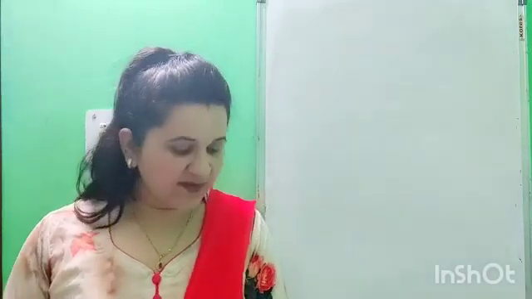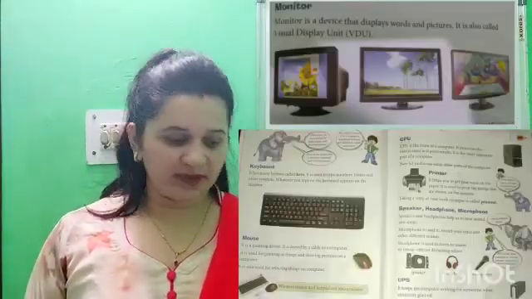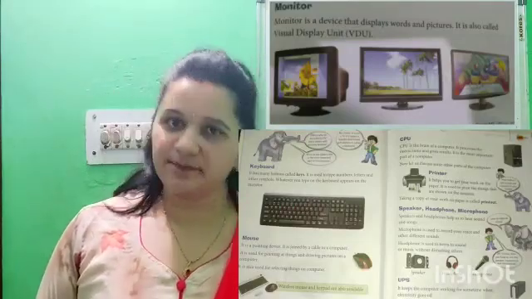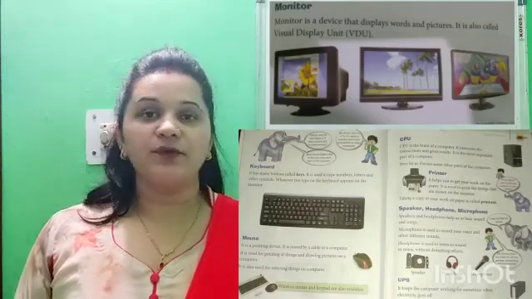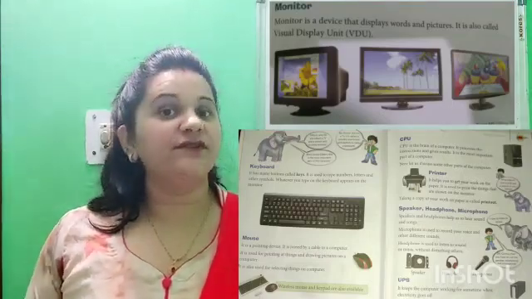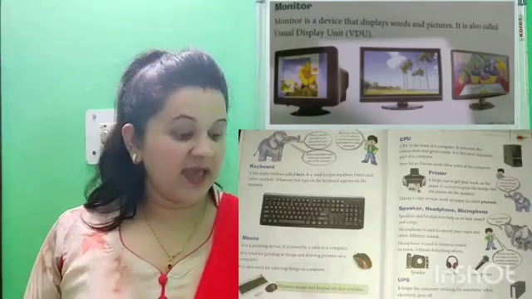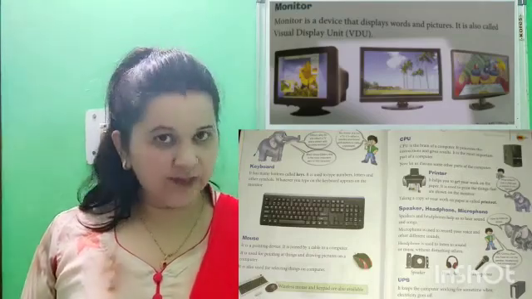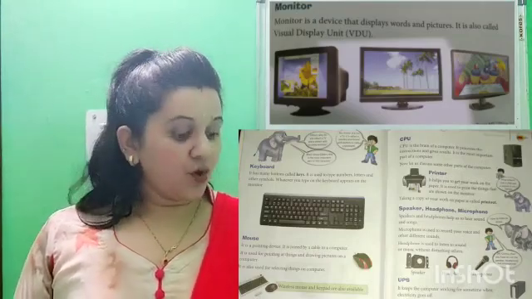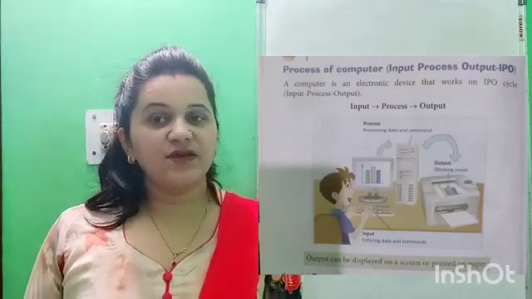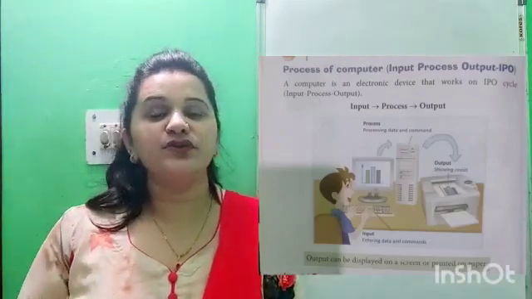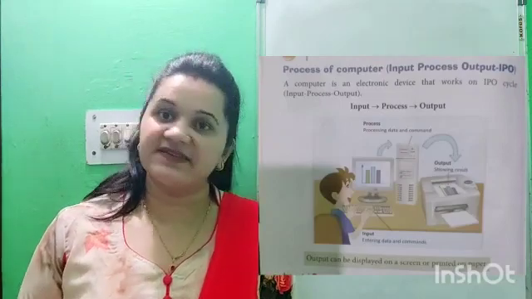Okay, so children, so far we have done chapter number 2, that is parts of computer, in which we have studied about the 4 main parts of computer, about the additional parts of computer. Also, we have studied about the processing of computer, that is how a computer works, means how processing is done.